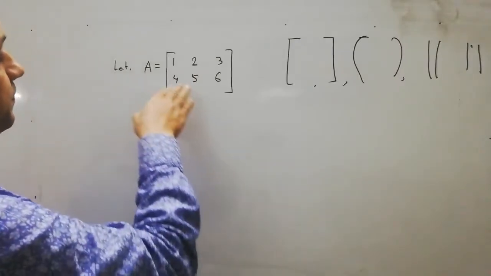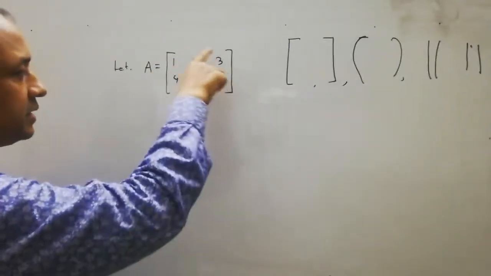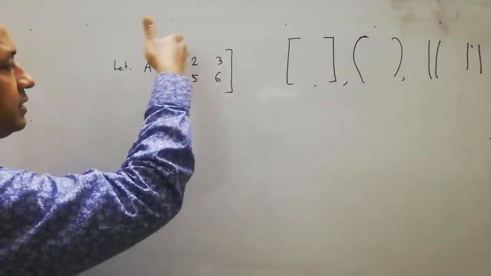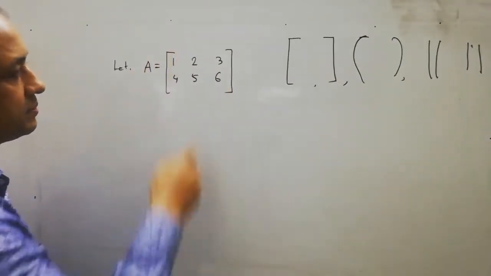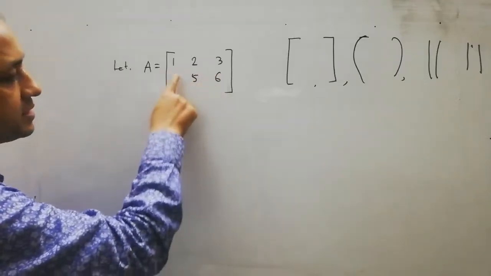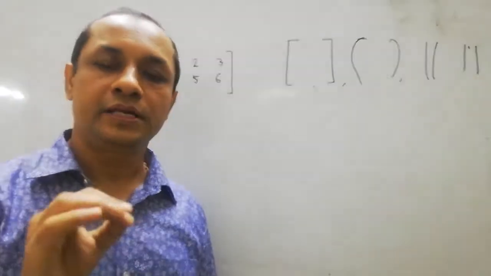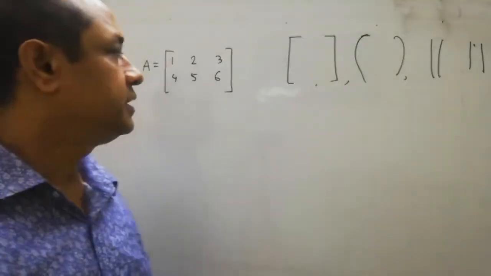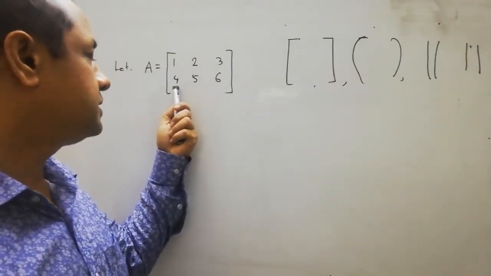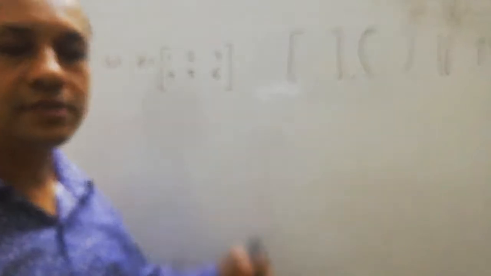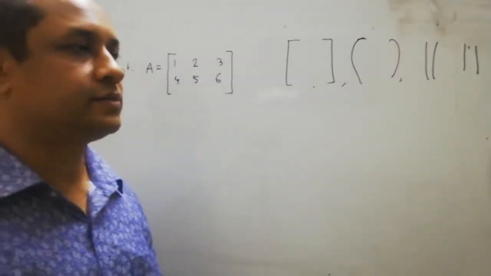Here the matrix is a rectangular array enclosed using third brackets. There are 6 numbers, and each number is called an entry of the matrix. Here 1 is an entry, 2 is an entry, 3, 4, 5, and 6 are entries.